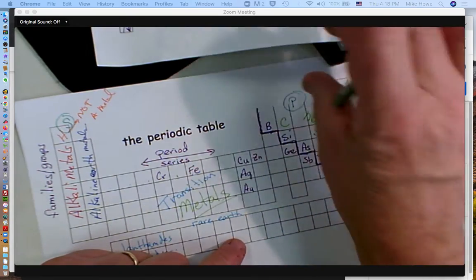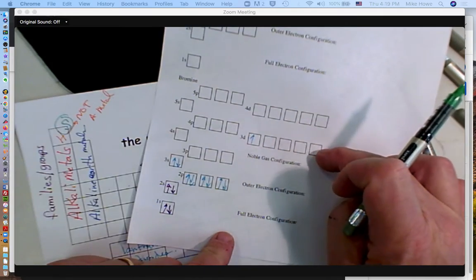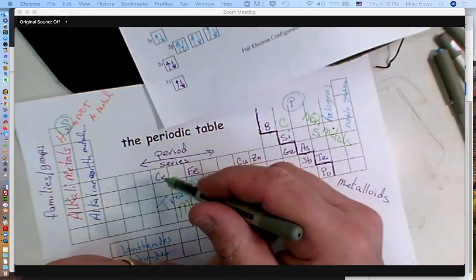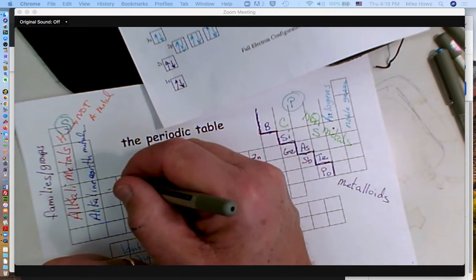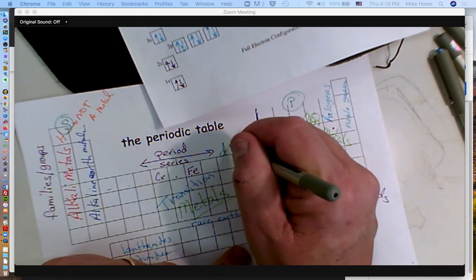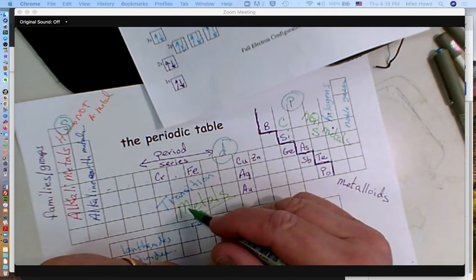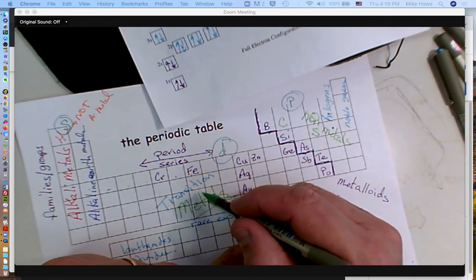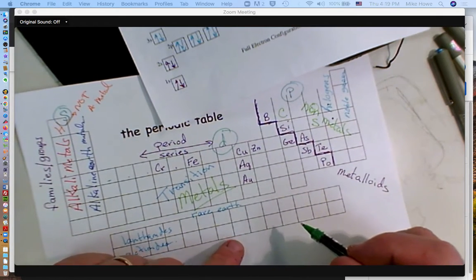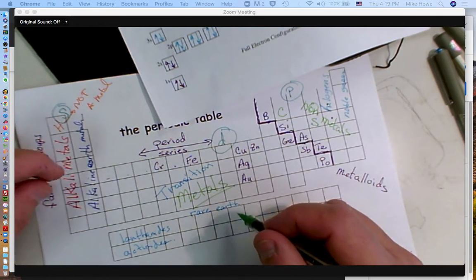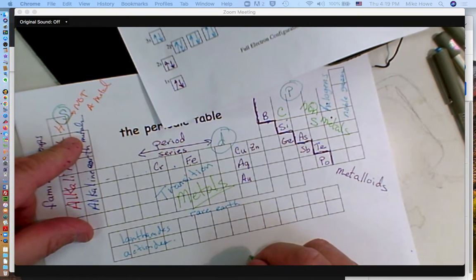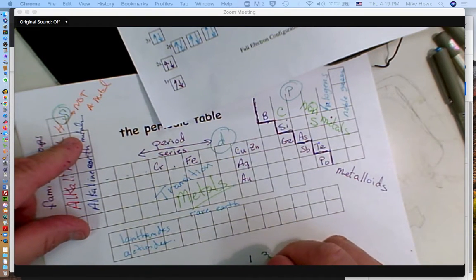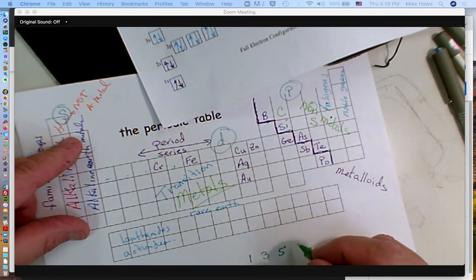Then a dark room, remember the dark room had 1, 2, 3, 4, 5 beds, 10 electrons, so you'd expect this area to be 10 columns wide. So we call that the D sublevel region. So the transition metals are in the D sublevel block. Let me say that again. The transition metals, you could say, are in the D sublevel block. And then down here, if the sunny room had 1 bed, and the pink room had 3 beds, and the dark room has 5 beds, how many beds would be in the fine room, the F sublevel? 1, 3, 5. What's next?